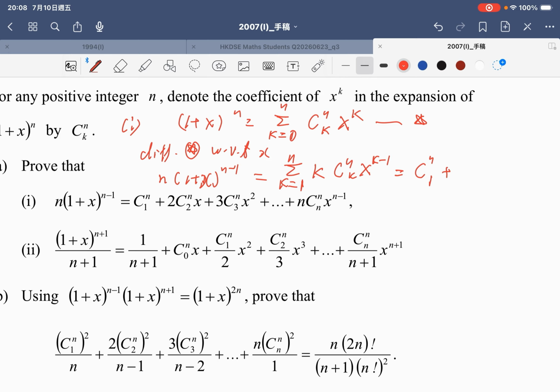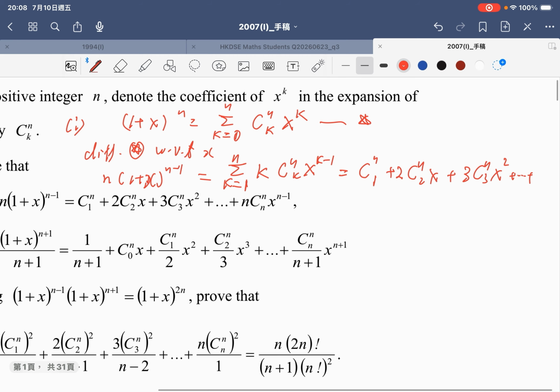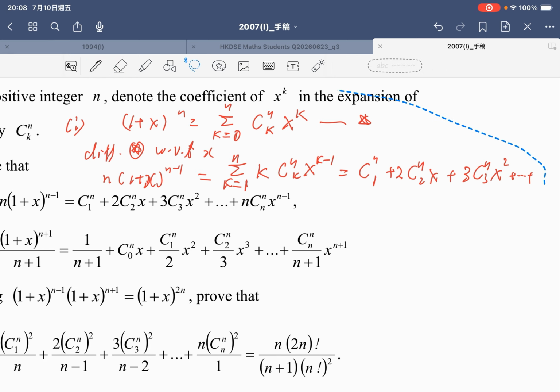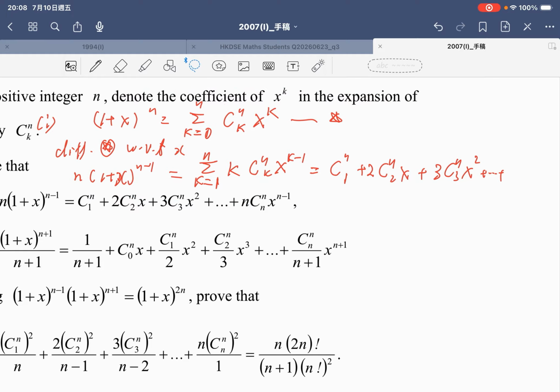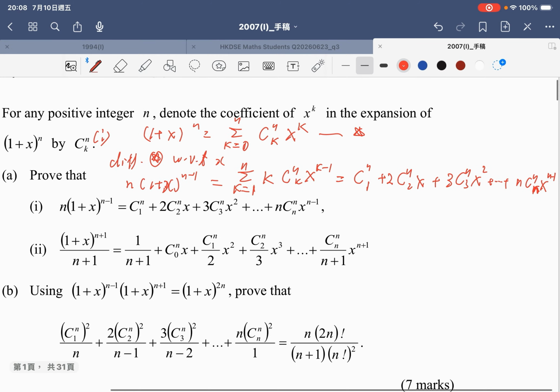Then the second term is 2 times nC2 x, and the third term is 3 times nC3 times x squared, and then the last term is n times nCn x to the power n minus 1. Yeah, it is the first identity we have proved.